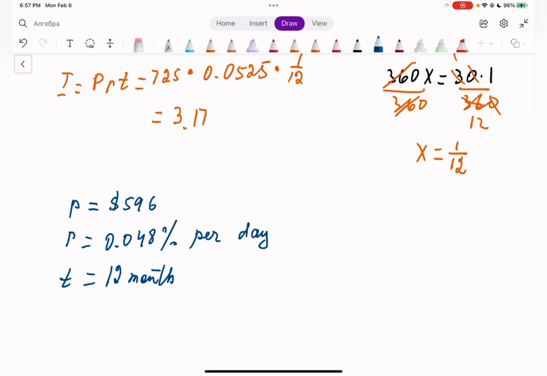All right. So if our interest is 0.048 per day, and we are going to do it for a year, because it says assume 360 days in a year, so it's going to be annually. So the rate per year is going to be 0.048% times 360.